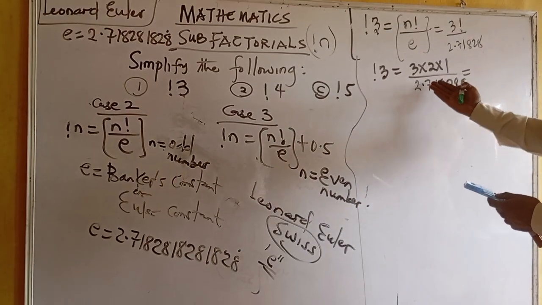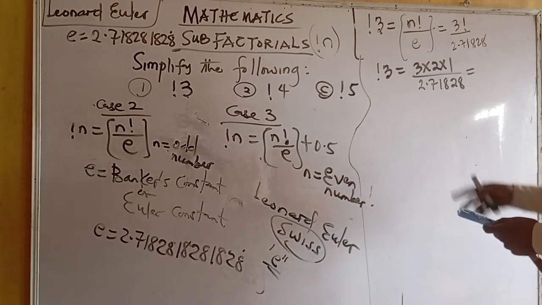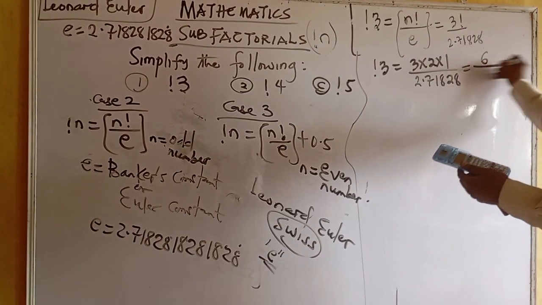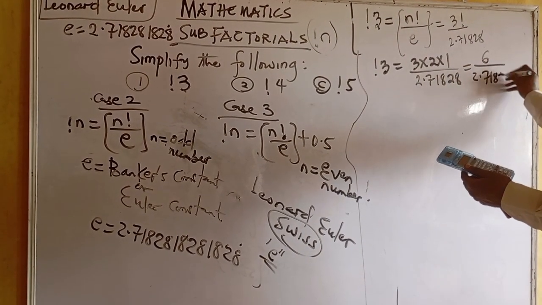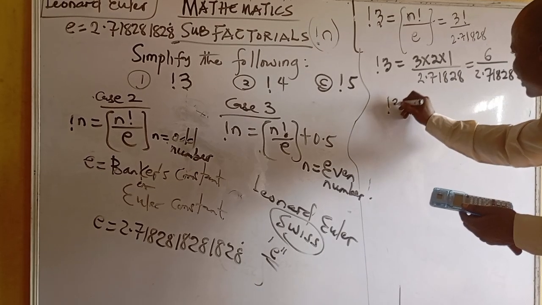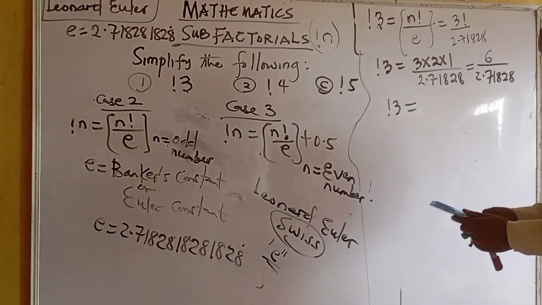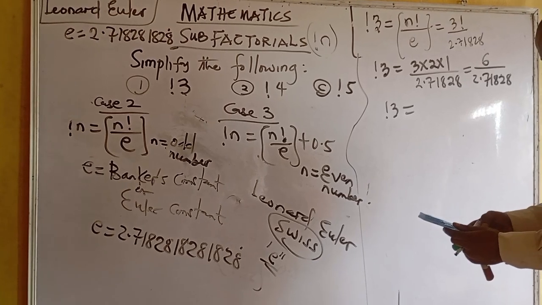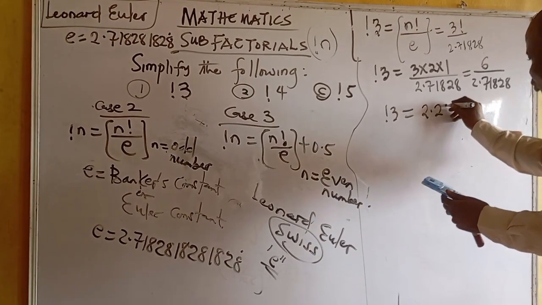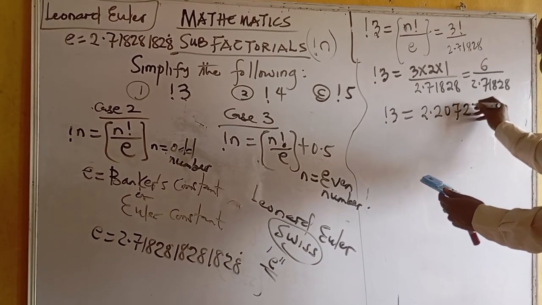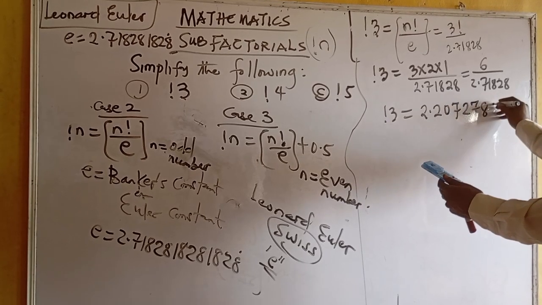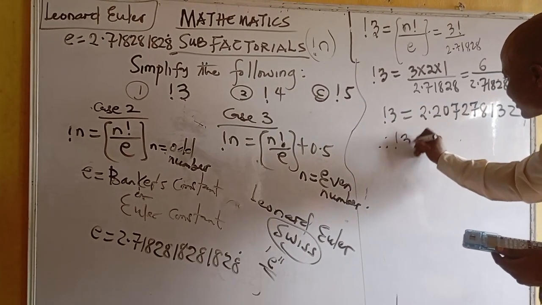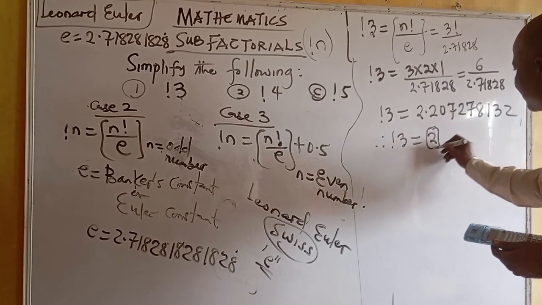At this juncture, we press the calculator to get the final result because of this constant value. First and foremost, we have 6 over 2.71828. Sub-factorial 3 is equal to 6 divided by 2.71828. Answer 2.2072781 32. Finally, sub-factorial 3 equals 2 approximately.